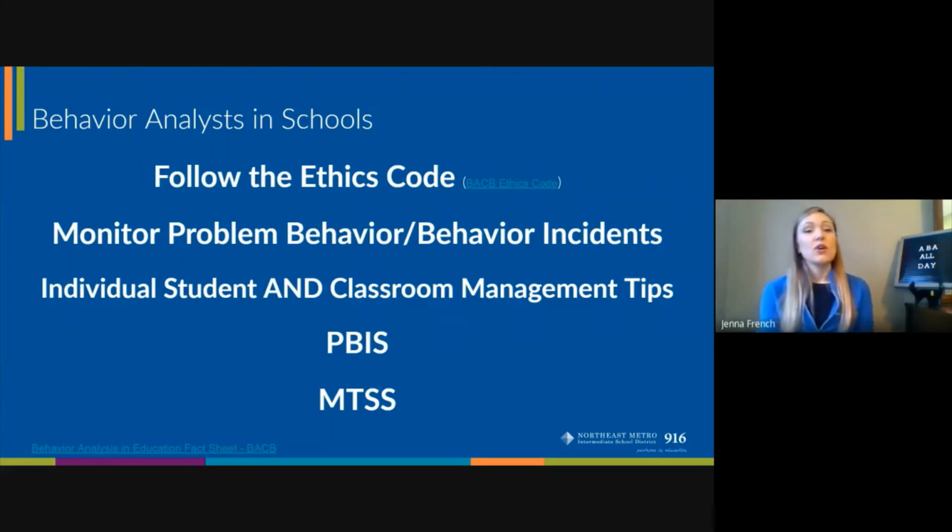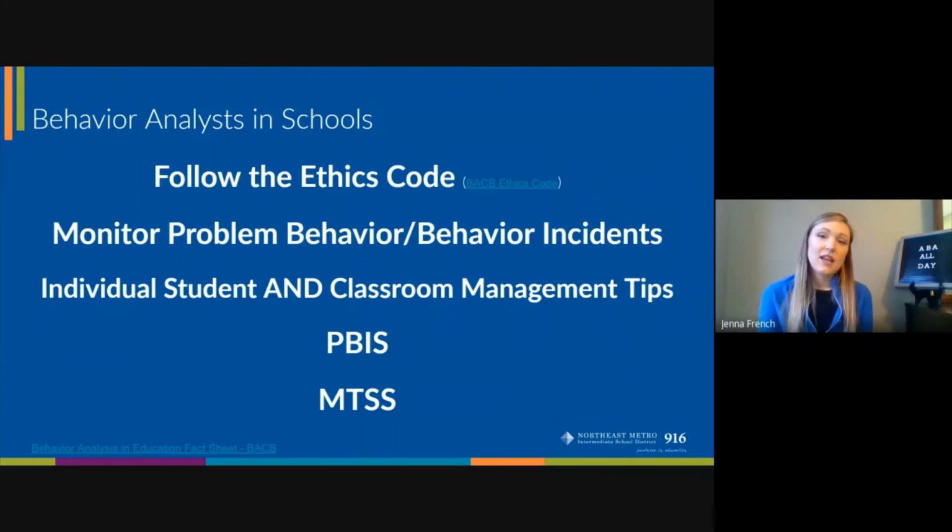Behavior analysts also monitor problem behavior and behavior incidents. So we might take a look at the school-wide data there. Behavior analysts can make individual student and classroom management recommendations, so we have some tips there. Behavior analysts can also work with PBIS and MTSS systems.